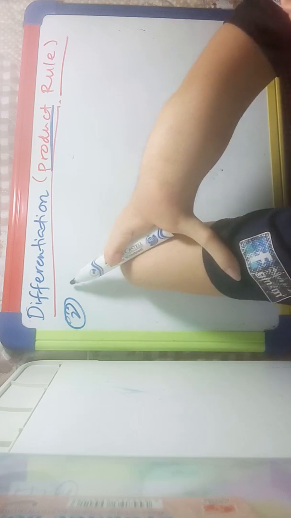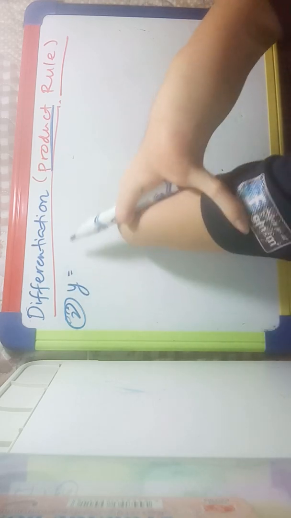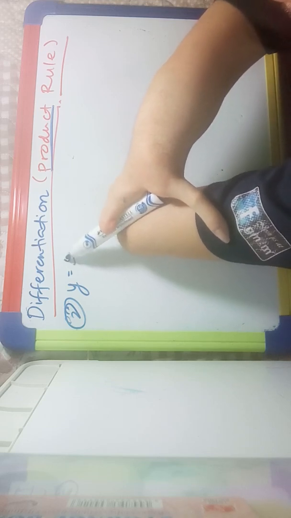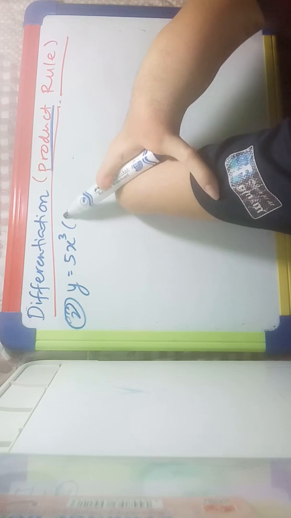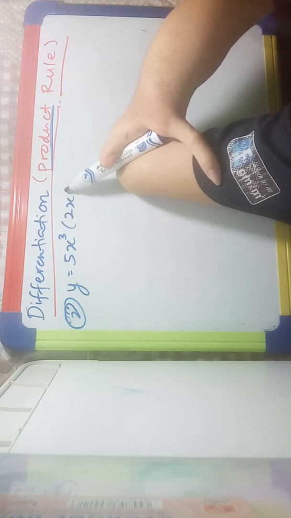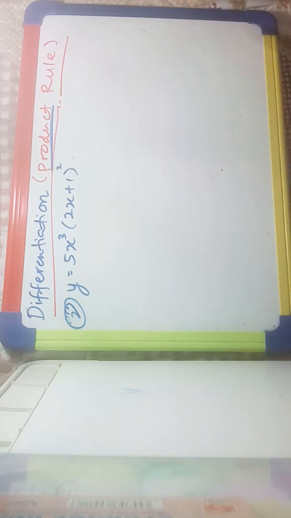Let's say y is equal to 5x cubed in brackets 2x plus 1 squared.